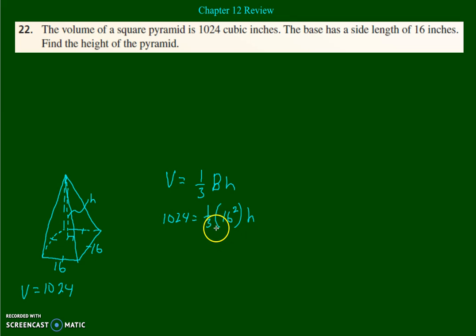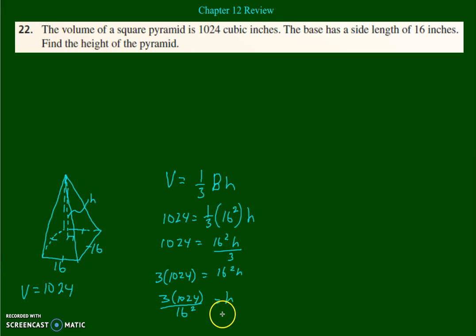Let's multiply both sides by 3 because this is the equivalent of 16 squared h over 3. So we multiply by 3. 3 times 1024 equals 16 squared h. Divide by 16 squared. 3 times 1024 over 16 squared equals h.